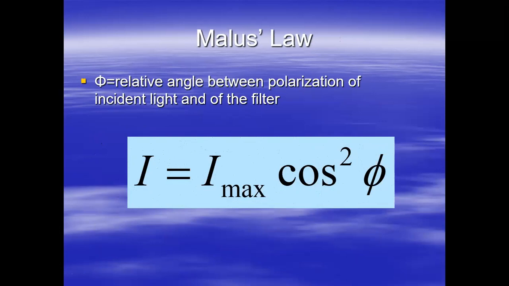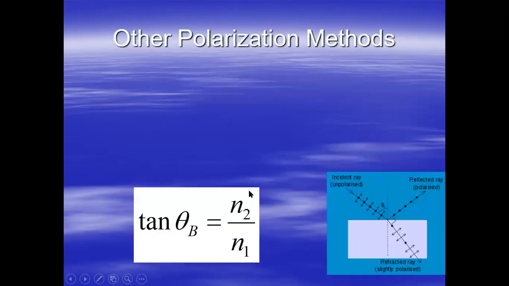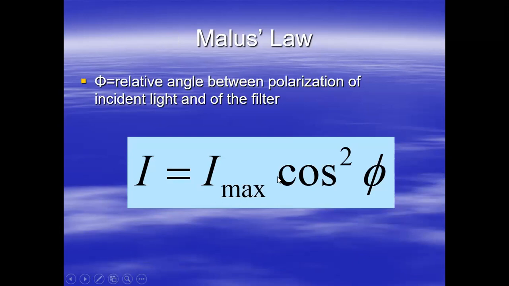That's phi, okay? And so you take the cosine squared of that multiplied by the intensity that came out of that filter. So you're never going to increase the intensity of the light using a polarizing filter. You're always going to knock it down. And how much you knock it down has to do with the relationship between those angles.